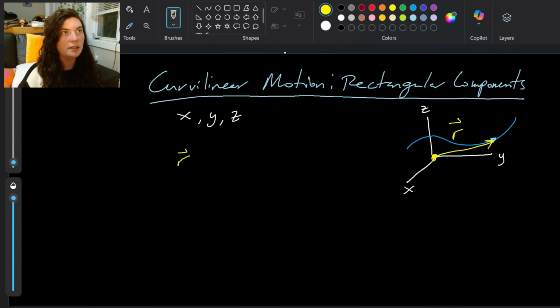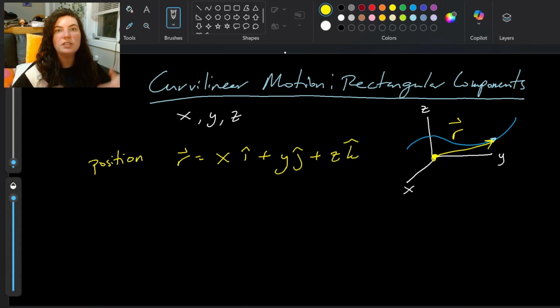So this we're kind of familiar with. We've seen this form of position a lot in statics, right? Where position is some x component, i hat, plus a y component, j hat, plus a z component, k hat. So position we're just describing in terms of x, y, and z in a vector form.